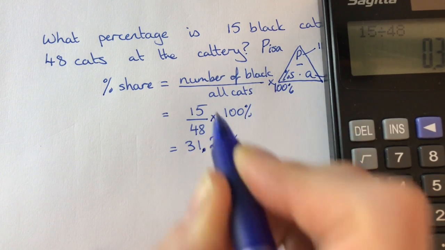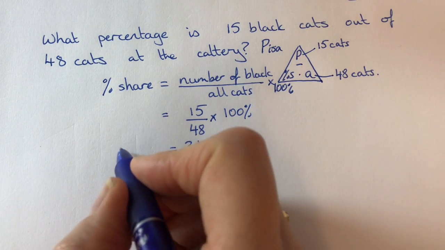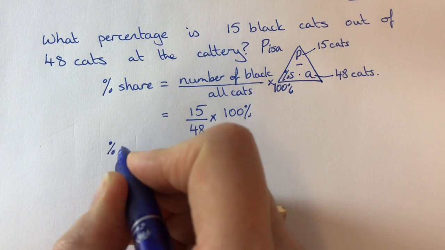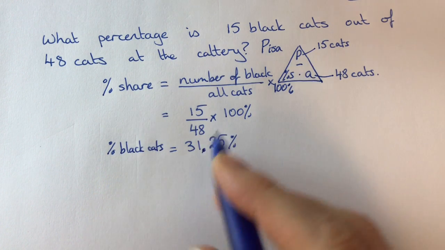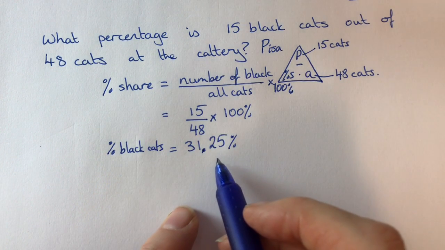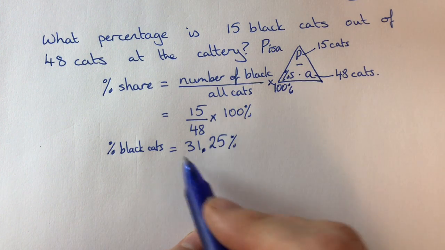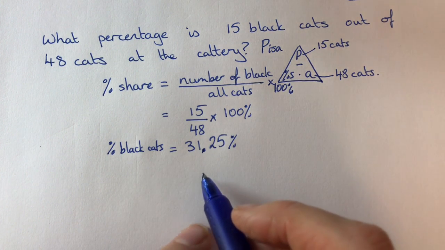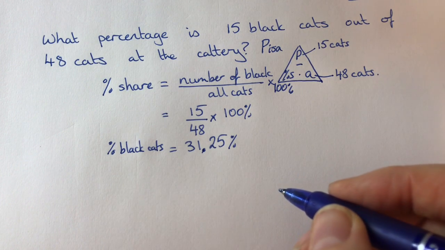So that's multiplied by 100. Okay, so we get an answer of the percentage of black cats is 31.25%. Often they say how many decimal places to round off to. Quite often the question will say to round off to whole decimals.